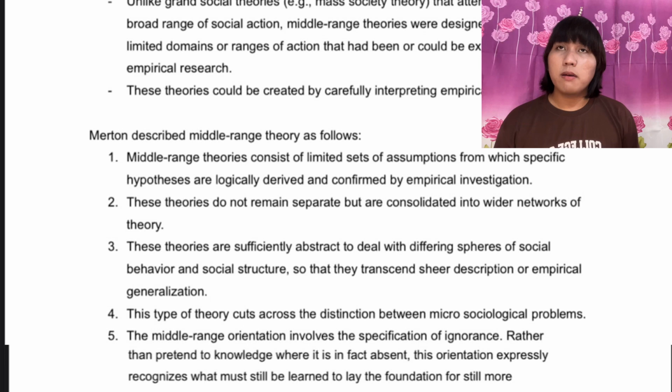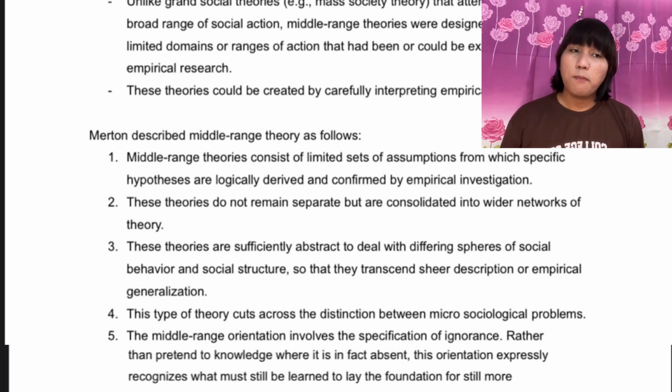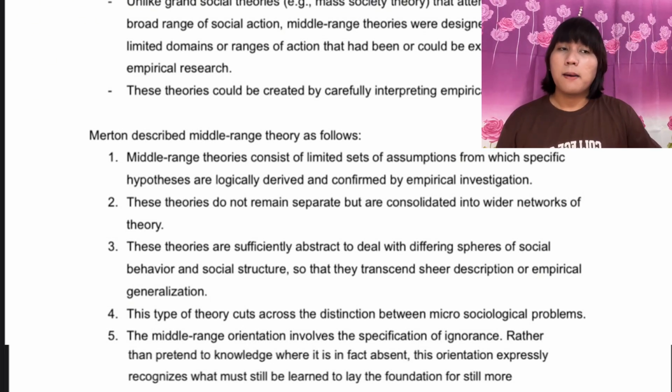Merton described middle range theory as, first, middle range theories consist of limited sets of assumptions from which specific hypotheses are logically derived and confirmed by empirical investigation.